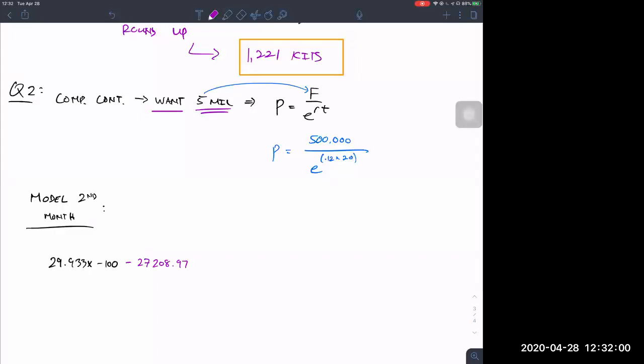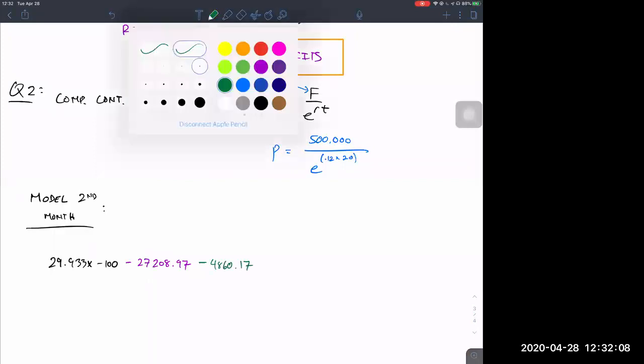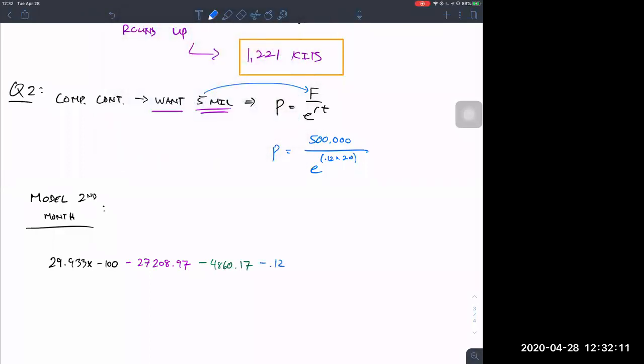208.97 minus 4860 minus 0.12, and then now you have this extra component, which is 45 35898.